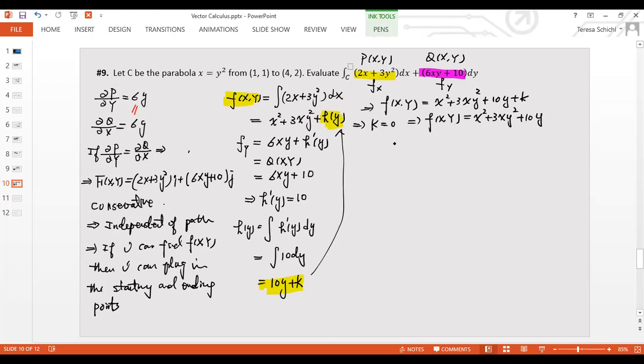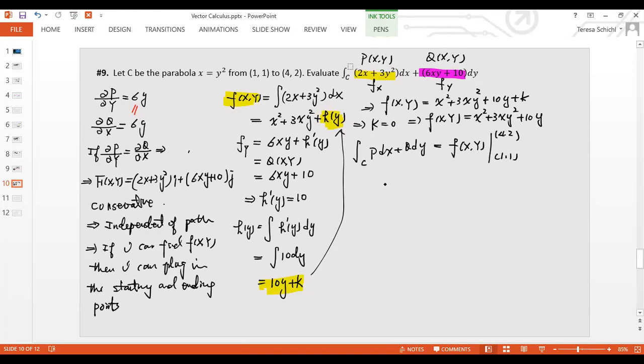All right, so because this is path independent, I can say the integral over C of P dx plus Q dy, because it's path free, by the fundamental theorem of line integrals, will just be f of xy. Then you substitute from (1, 1) to (4, 2).